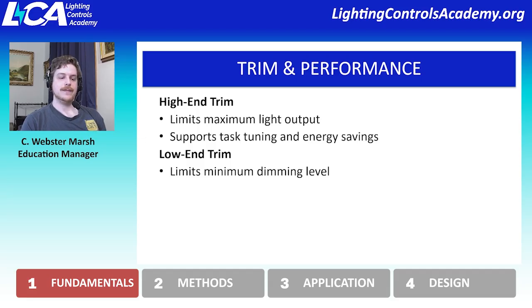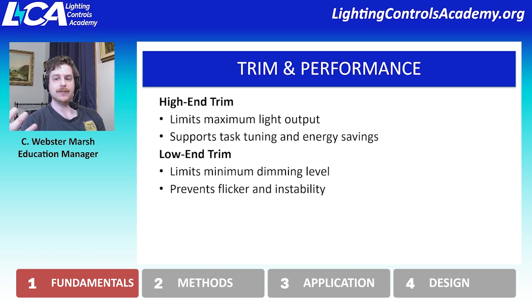Instead of it being a hard limit like in a driver where you just can't dim below, we're creating a programmed minimum to prevent that fixture from going below that level. That might be to prevent some unsavory dimming capabilities at that low end of the dimming curve, because we don't have a high quality compatibility between the driver and the controller or something. So we trim out that bottom area where we see those undesirable results.